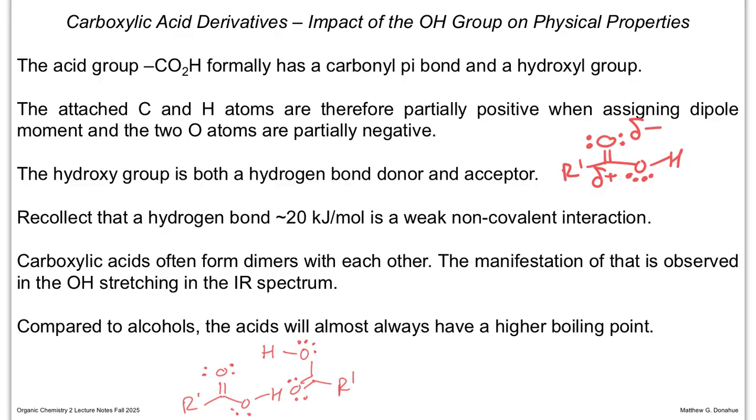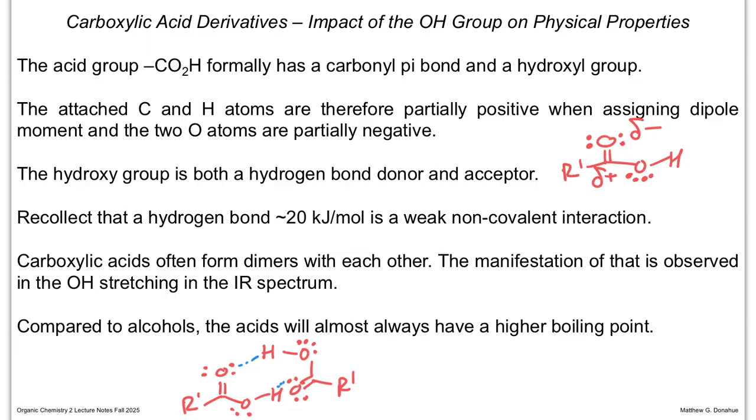You can imagine two of these coming together, and then with the dashed line, you have these hydrogen bond donating, accepting things happening. All of those weak non-covalent interactions add up to quite a bit.